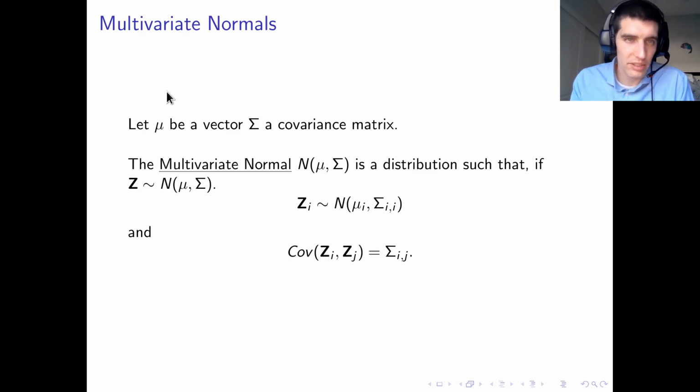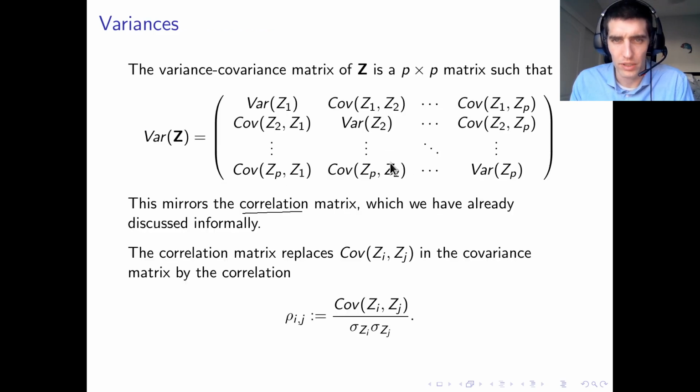So, with some properties of random vectors, we have expectations and covariances. We're going to let mu be a vector, and sigma, a capital sigma, be a covariance matrix. Okay? I should mention one thing about covariance matrices before we move on: the covariance matrix is symmetric.